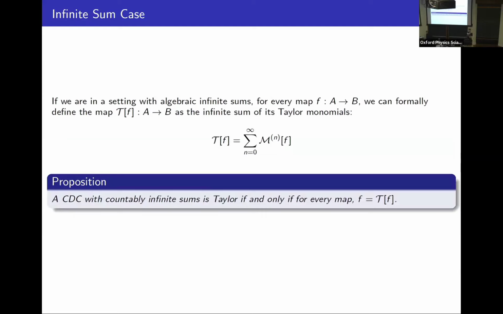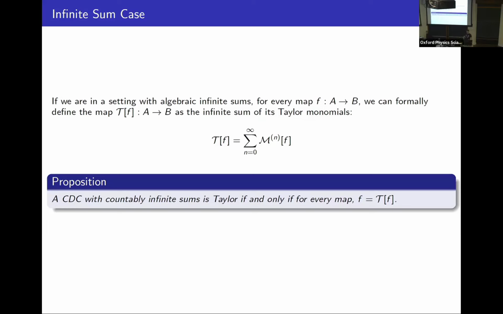Okay, so what if we're in a setting with infinite sums? In the algebraic sense, so I can just take out infinite sums usually. Well, we can always take the sum of my Taylor monomials that I defined and just say, now that I have infinite sums in my Hom sets, here's the Taylor series of a map.